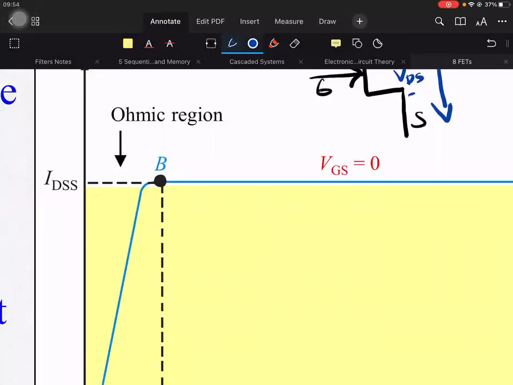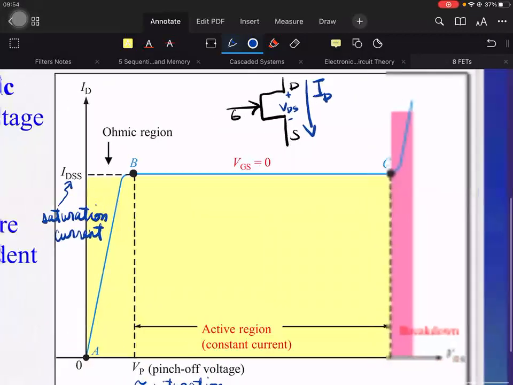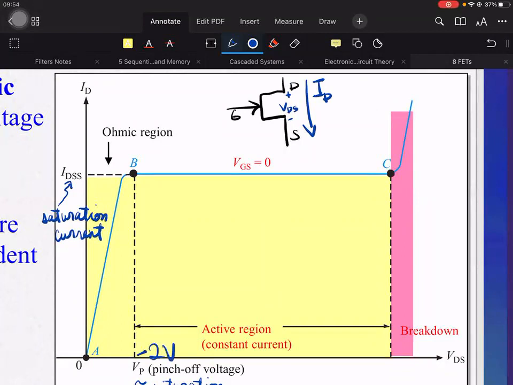So IDSS actually is not only synonymous, but it is the saturation current. So IDSS is the saturation current. Notice, no matter how large the value of VDS is, let's say for example, VDS at pinch off is negative 2 volts, and maabot siya o 15 volts.